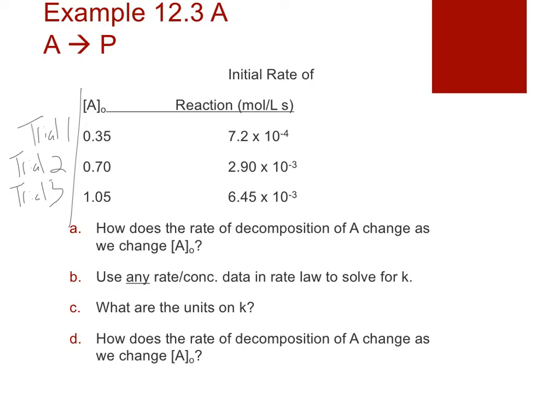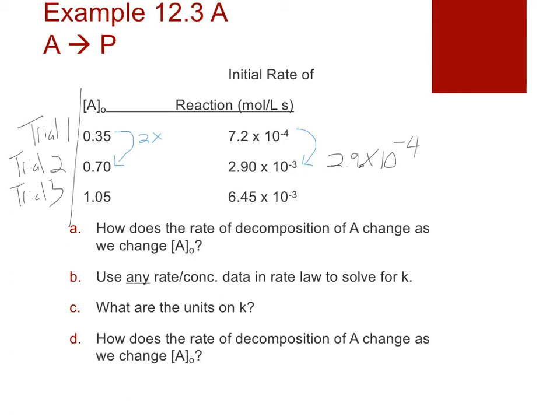And we say, okay, let's compare trial 1 to trial 2. What happened to my concentration? It doubled. What happened to my rate? Now this is a little harder to see because the exponent changed. But imagine if this was 2.9 times 10 to the negative 4th, so we can keep the exponents the same.